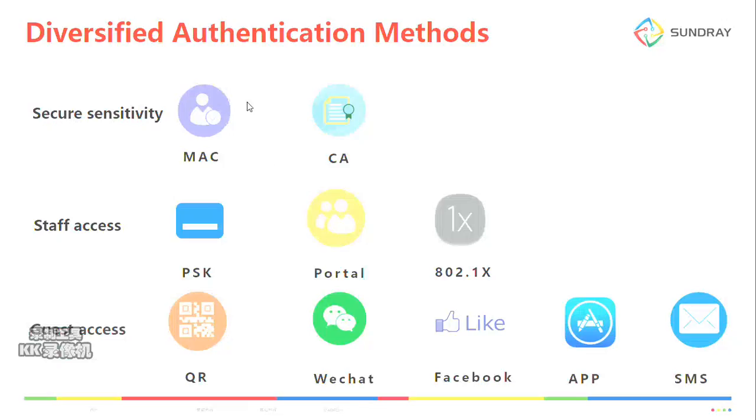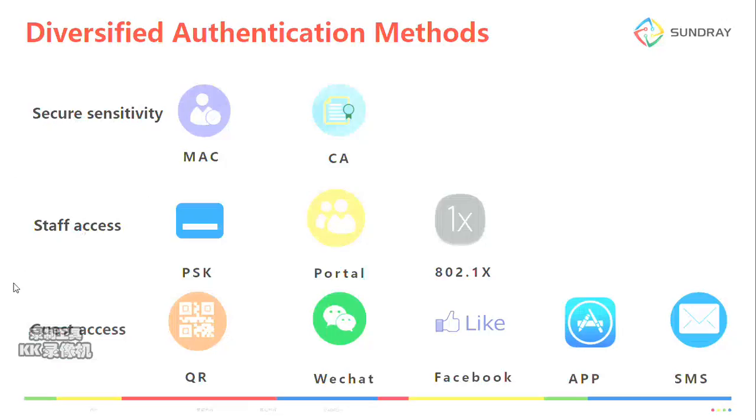If we put the MAC addresses in a group in the controller, the scanners can get authenticated, while the other devices can go through the portal authentication. Also, built into the controller we have the CA center for authentication. So if the customer wants to use digital certificate authentication, we can use this one.